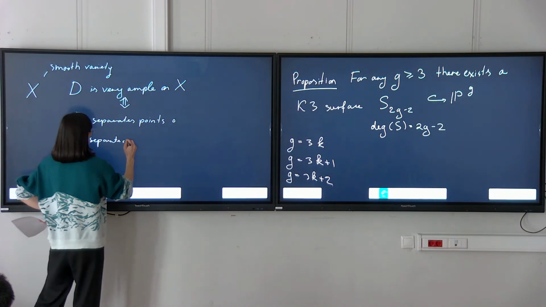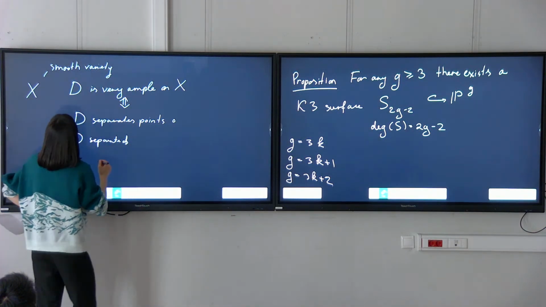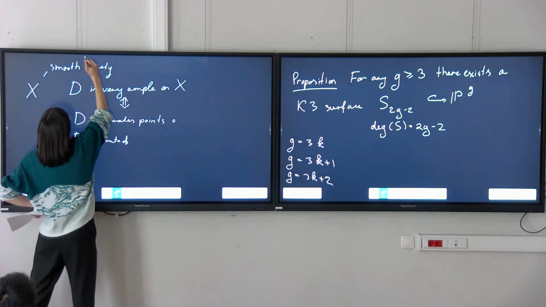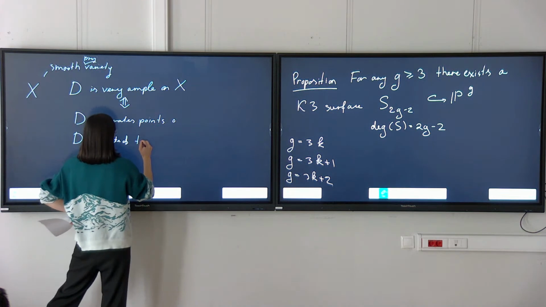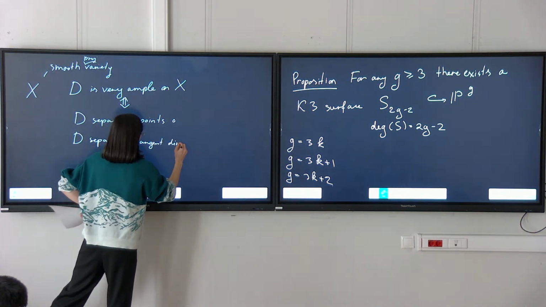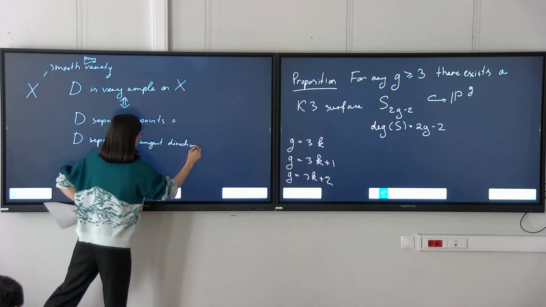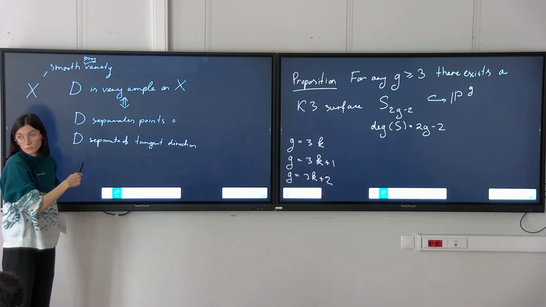Yeah, on a smooth projective variety, it separates tangent directions. Is it clear? Everyone knows this statement? Yes?